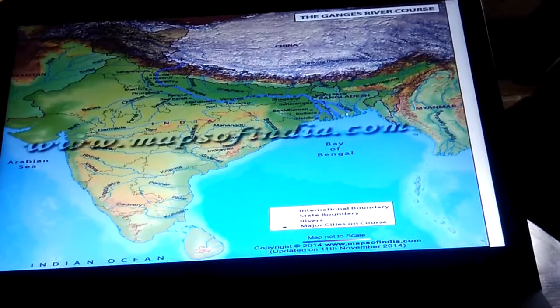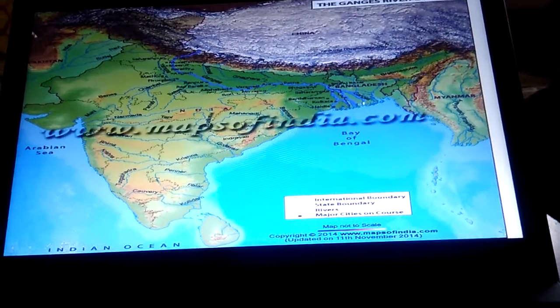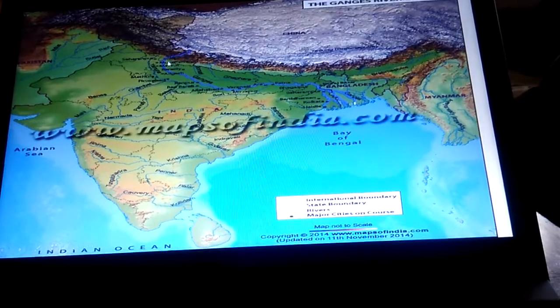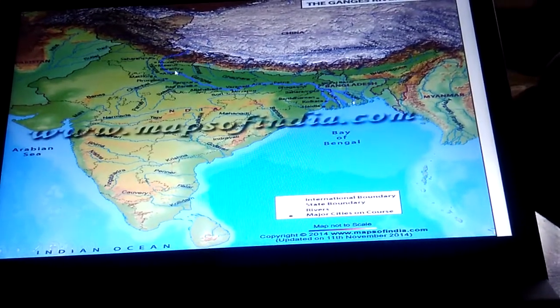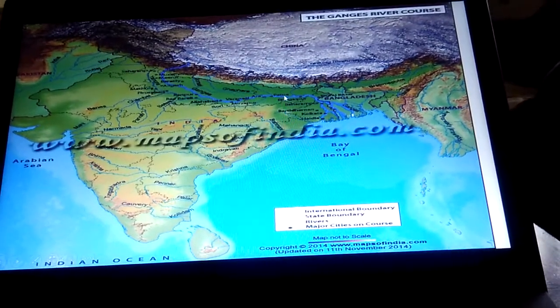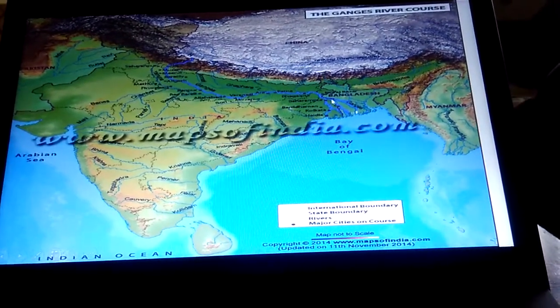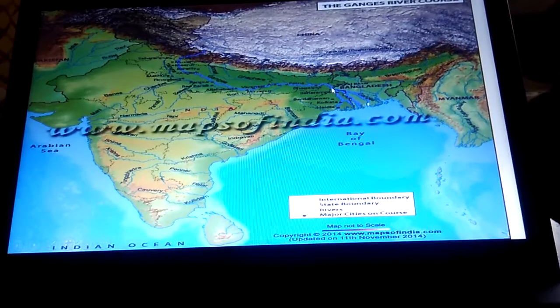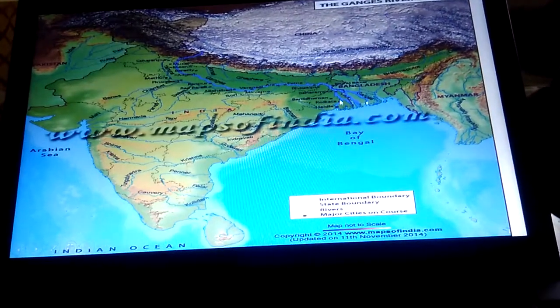From there we start calling this river Ganga, and then the river comes to Uttarakhand, from Uttarakhand to Uttar Pradesh, then Uttar Pradesh to Bihar, and then in West Bengal, the river divides into two parts.